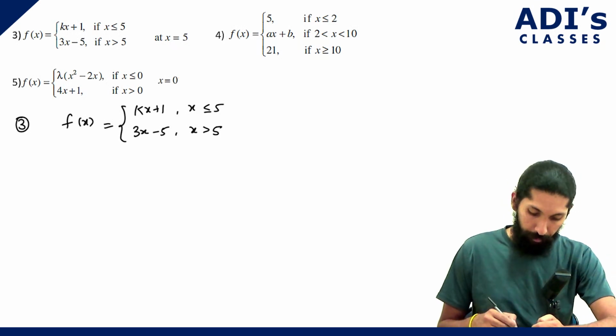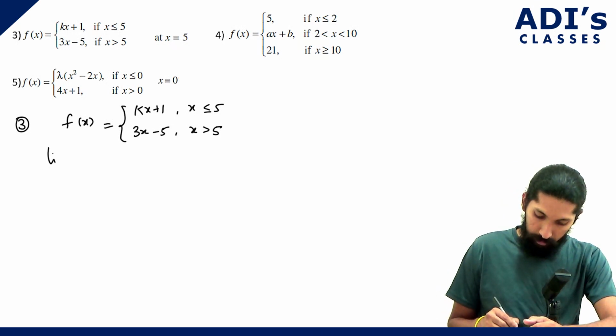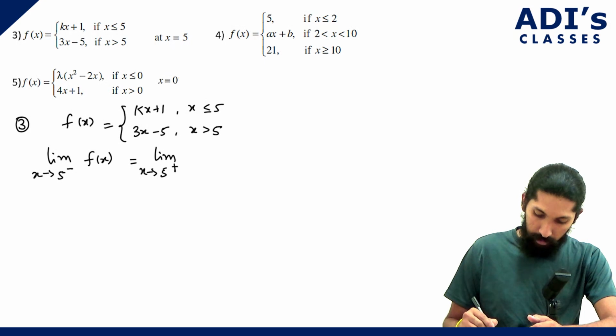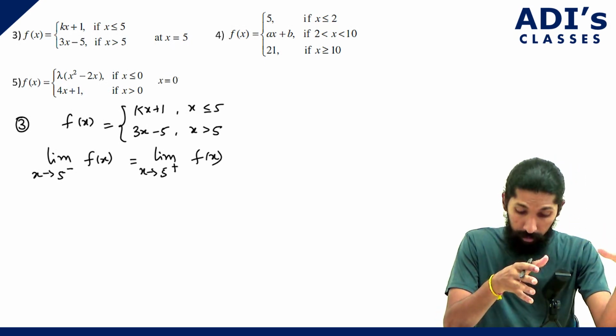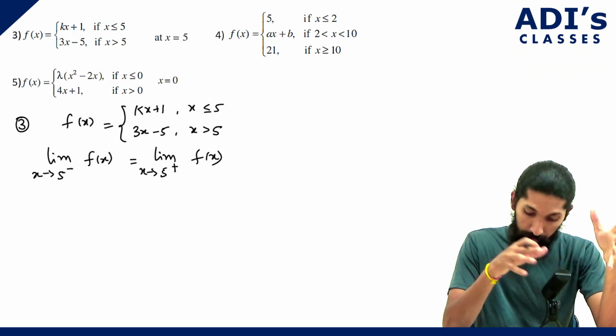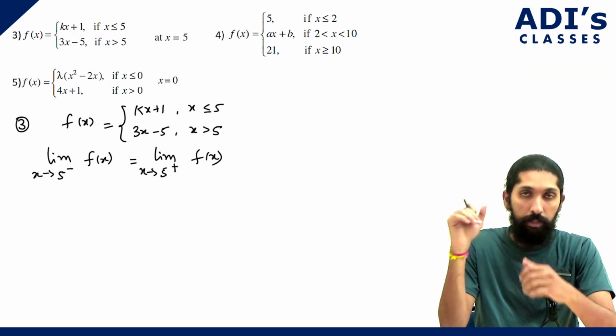Now what are we going to do? First, limit as x tending to 5 minus f of x is equal to limit as x tending to 5 plus f of x. For the left hand limit, the function is kx plus 1. For the right hand limit, the function is 3x minus 5.